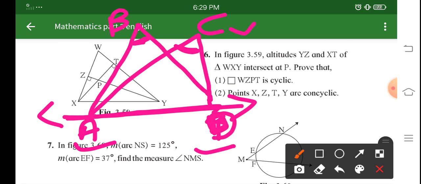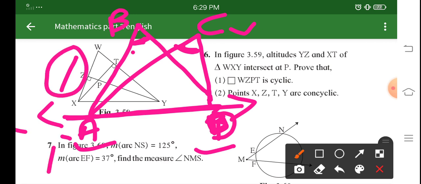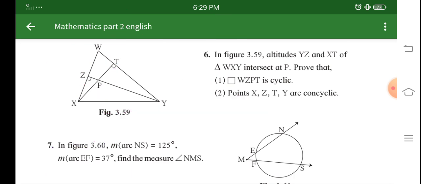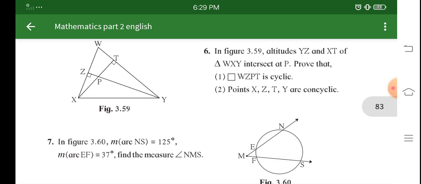But the condition is that these angles are lying on the same side. Look, on one side, these two angles are lying on the same side, on the upper side of the same line. So when we find such a situation, we can say that the points A, B, C, D are concyclic. This is the theorem. That theorem only we have to apply in this also. Can you see over here?